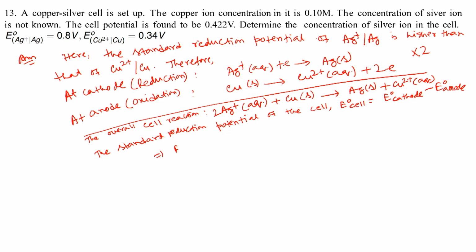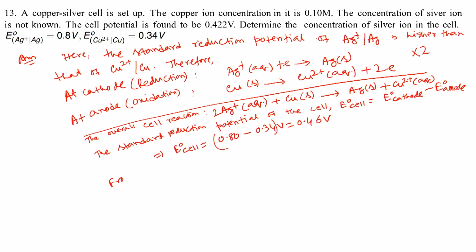So we can calculate E naught cell now. E naught cathode is Ag+ to Ag, so this is 0.80 minus E naught anode, which is 0.34. So you get 0.46 volt. This is our E naught cell.